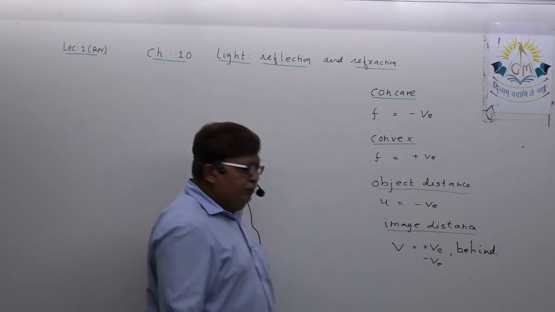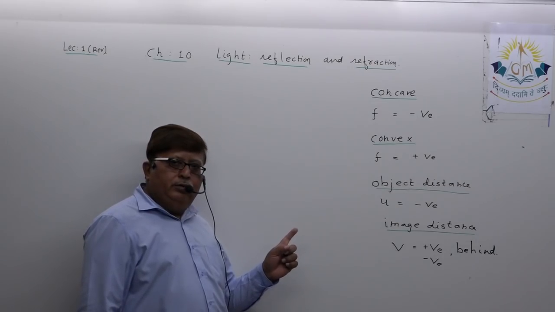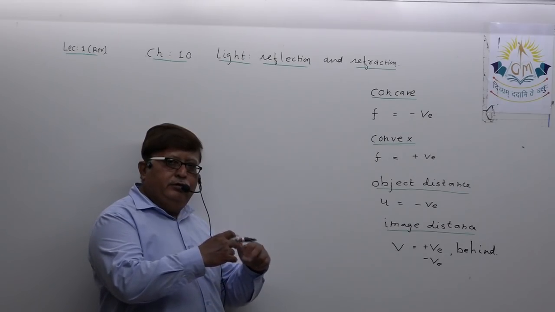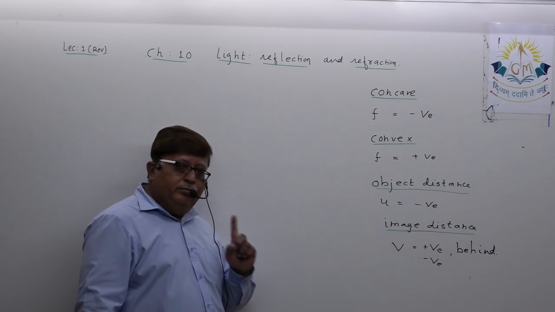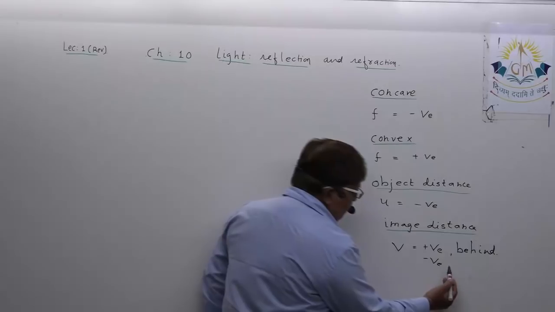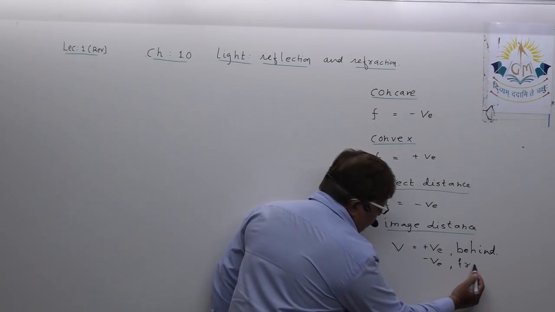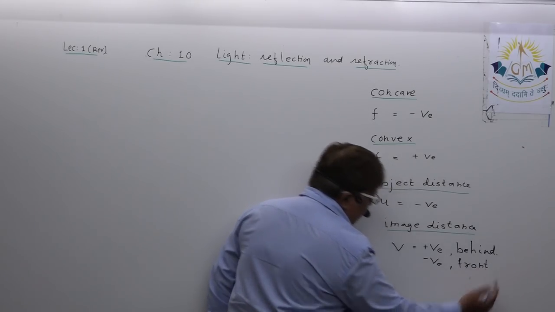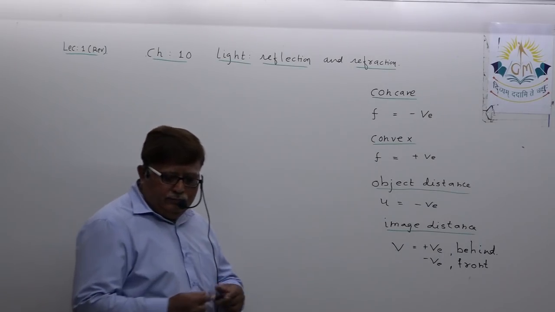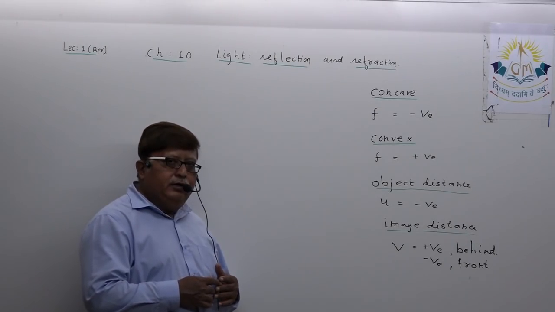Please note down this word, I have just written behind. Image distance positive, image is behind the mirror. Remember, dear students, if image distance is negative, image is in front of the mirror. These are some of the important aspects in solving any particular example we are discussing.